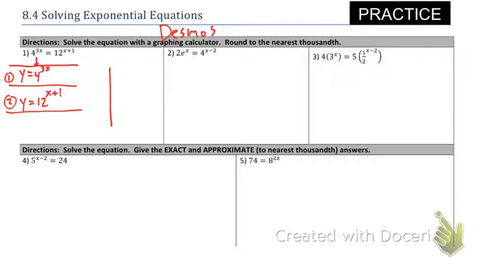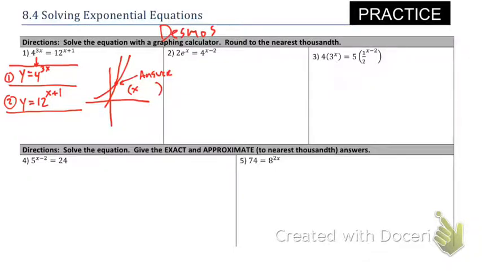So let's pretend to give you these two graphs. And these are going to be exponential graphs. So we have graph 1 and then graph 2, something like that. Their intersection is your answer. You're looking for the x value, not the y value.